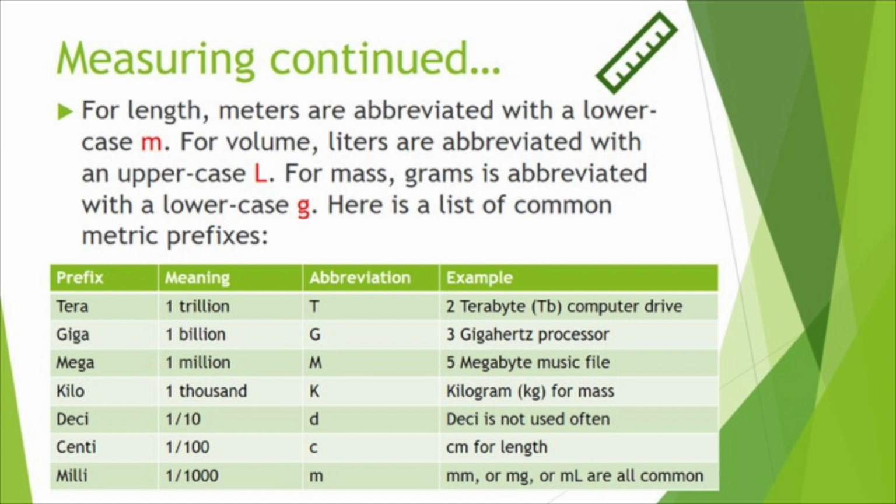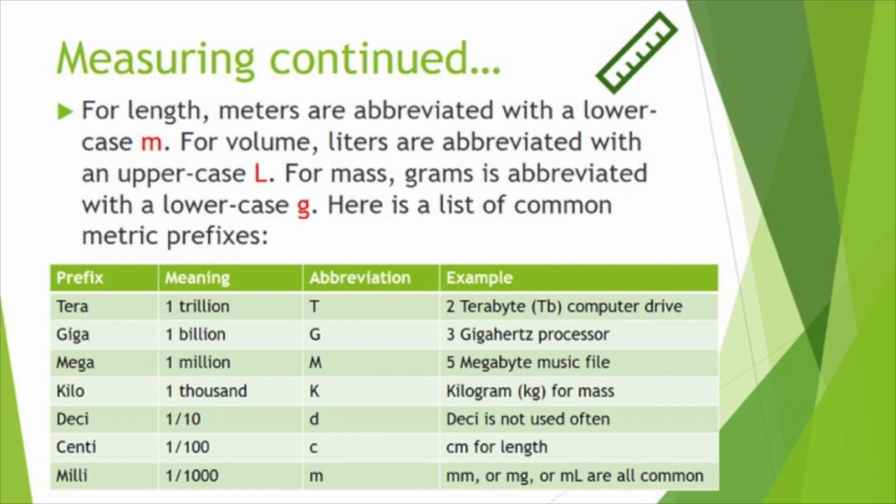Okay, so here we have some common prefixes that we hear. Actually, 30, 40 years ago, these would not have been that common, but now with computers, these are much more common. So it says here, for length, meters are abbreviated with a lowercase m.